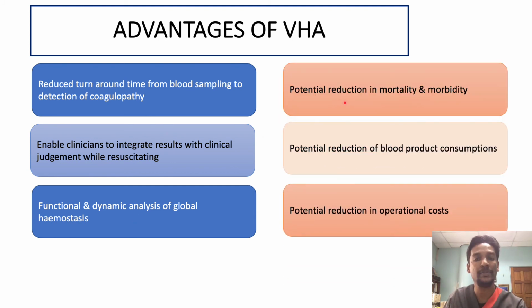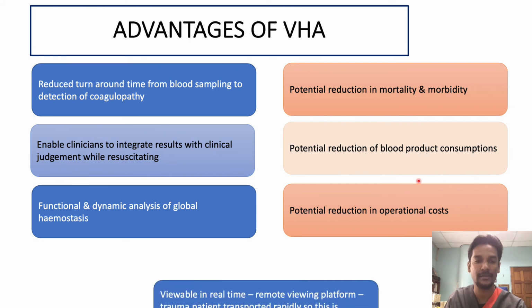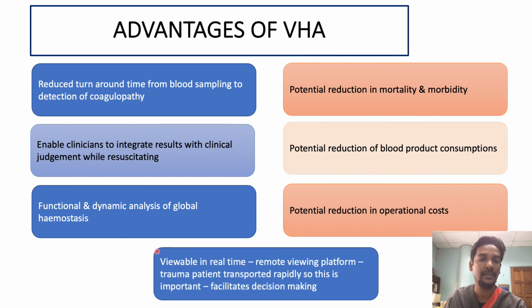It also has potential reduction in mortality and morbidity, blood product consumption, and also operational costs. Last but not least, the results are viewable in real time, even from remote viewing platforms such as mobile phone. This is important in a bleeding trauma patient who is usually transported from one place to another during the initial phase of resuscitation.